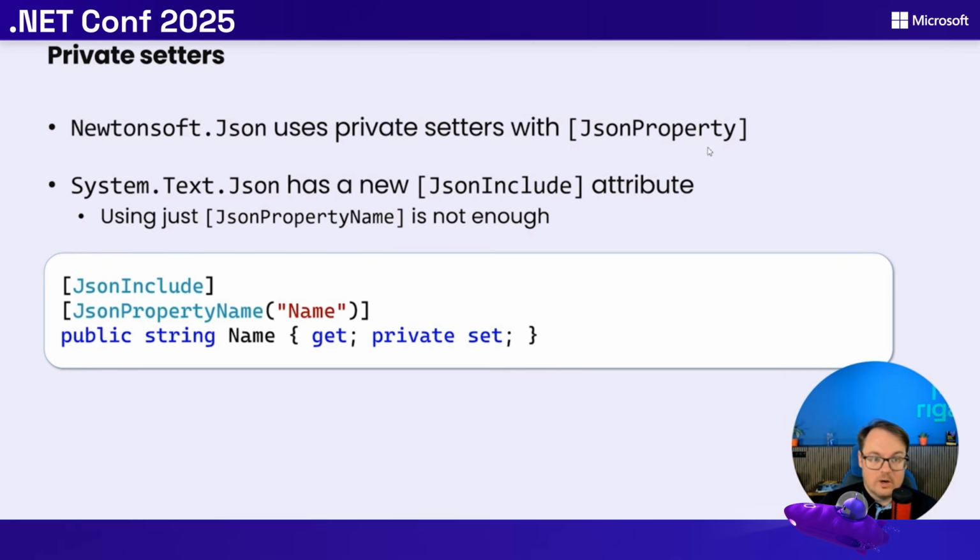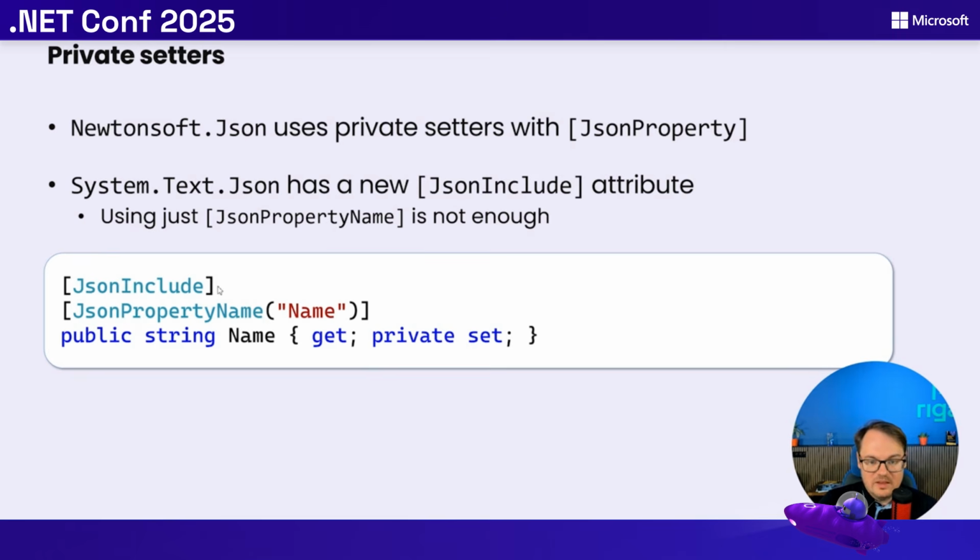And it worked. Newtonsoft.Json called the private setter while deserializing the object. However, in System.Text.Json, if you just fix the compile error so that the JsonProperty attribute is renamed to JsonPropertyName, that's not enough. You have to add explicitly this JsonInclude attribute.